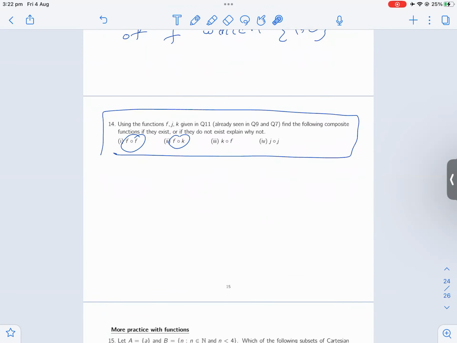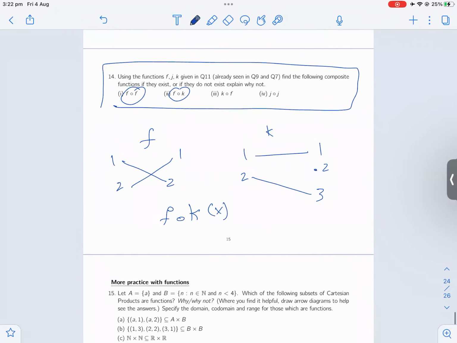So f, let's say 1 goes to 2 and 2 goes to 1, and what's k? 1 goes to 1, 2 goes to 3, and 2 is left out here. Okay, so f o k of x. Can we define this? Does it exist? What is the range of k?